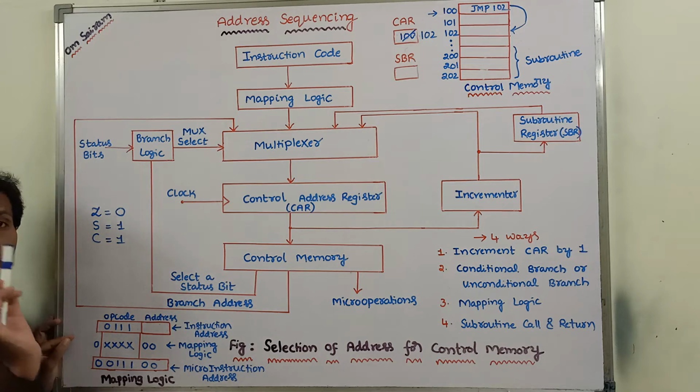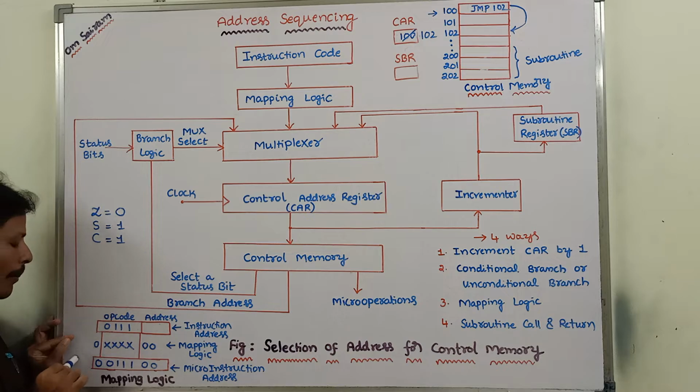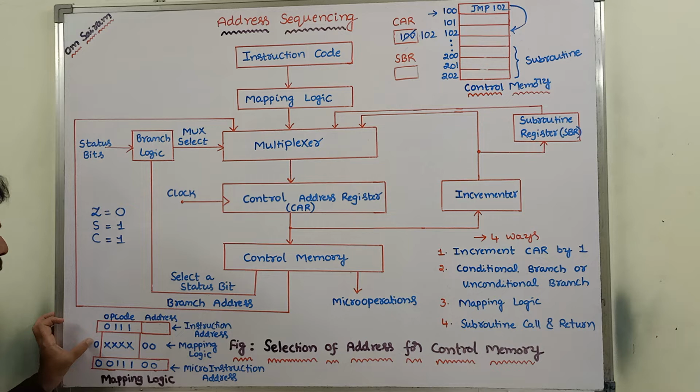Place a 0 in the most significant bit of the micro instruction address. Next, the 4 opcode bits can be transferred as they are to the micro instruction address.